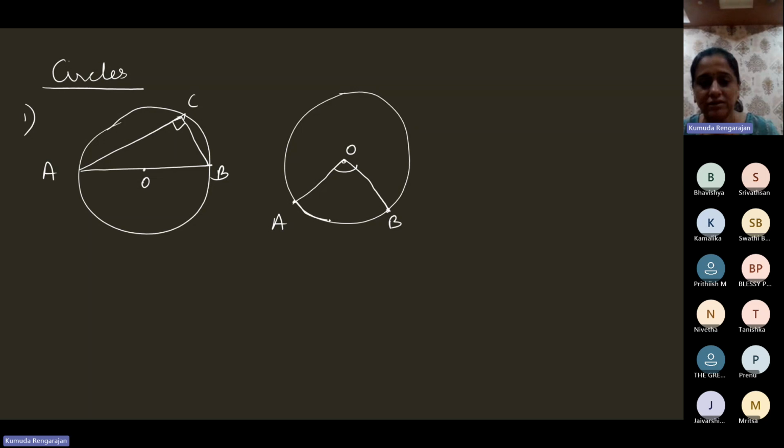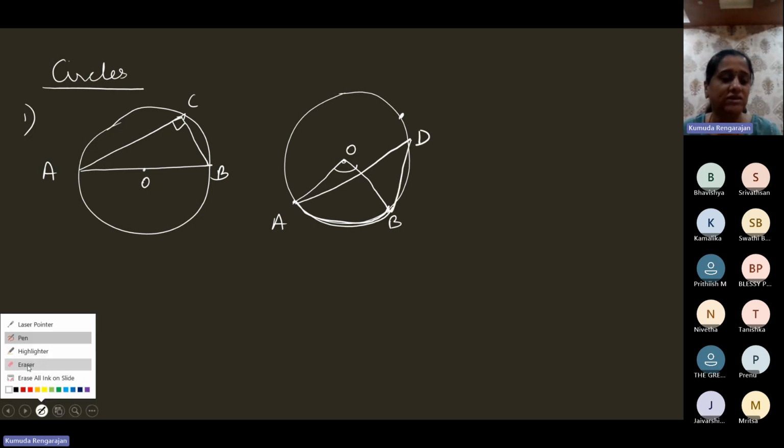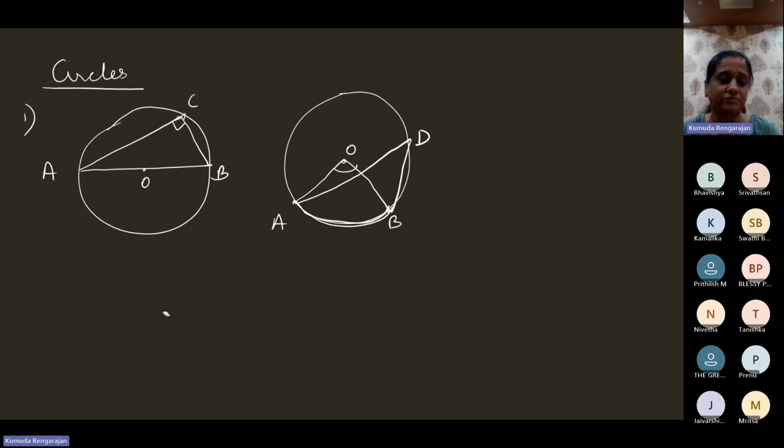Now the same arc AB subtends angle ADB at the point D on the circumference of the circle, on the remaining part of the circumference of the circle.